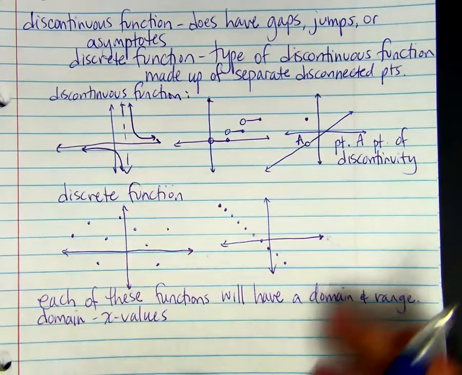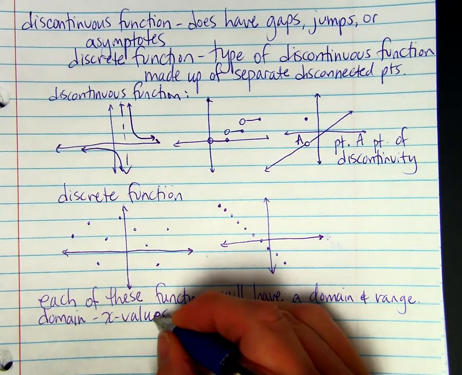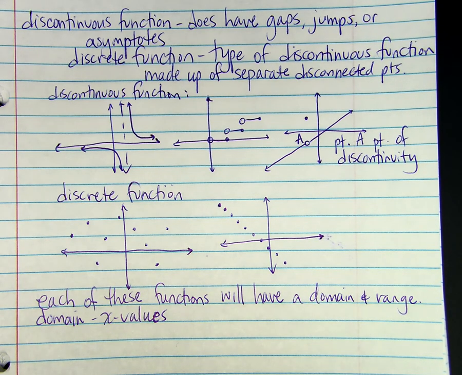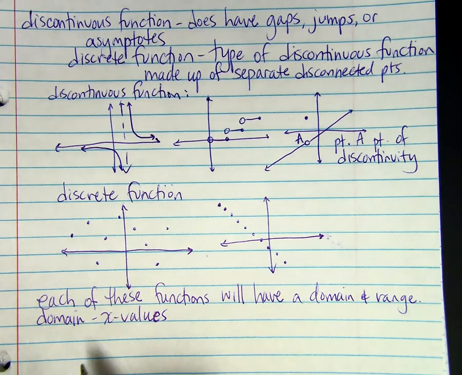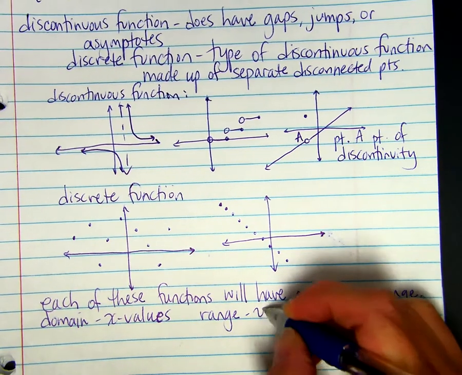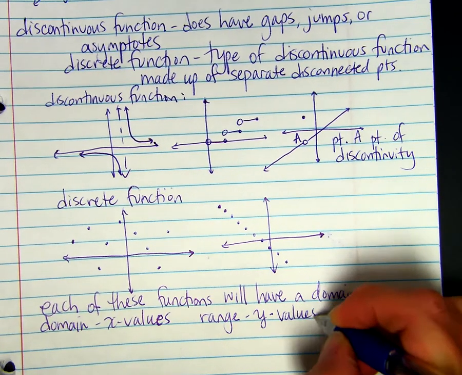Sometimes there are restrictions on either just based on the function itself. So if you plugged in an x and it made the function undefined, then those particular points would not be within the domain. And the range is the y values.